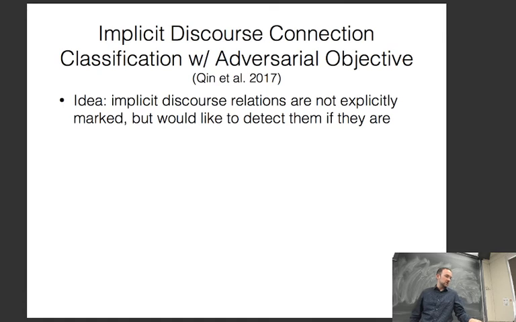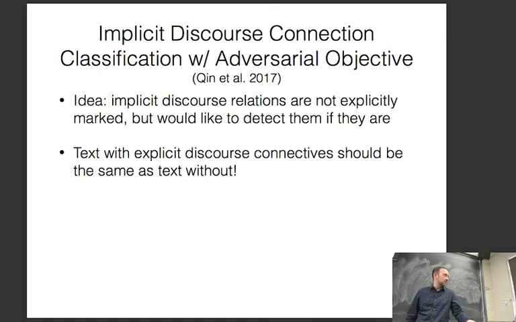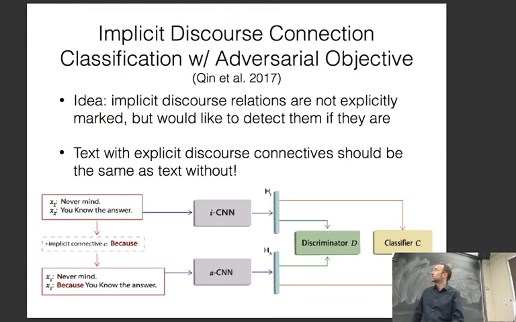And discourse relations are often marked by explicit discourse connectives. What we mean by an explicit discourse connective is something like "because." You have one sentence and then you have "because." And then you also have sentences that don't have any explicit discourse connective, but they still have a discourse relation.